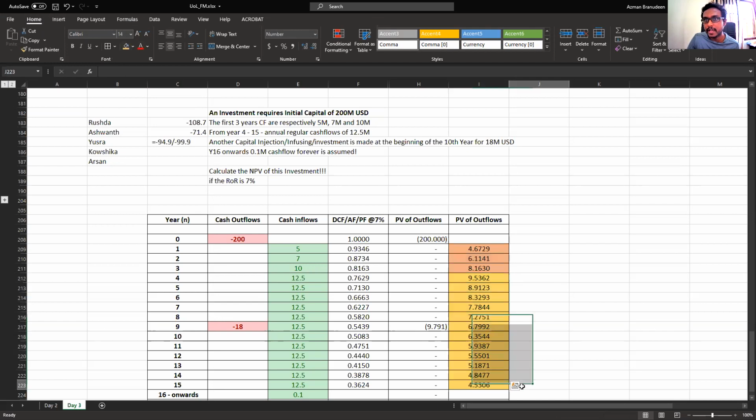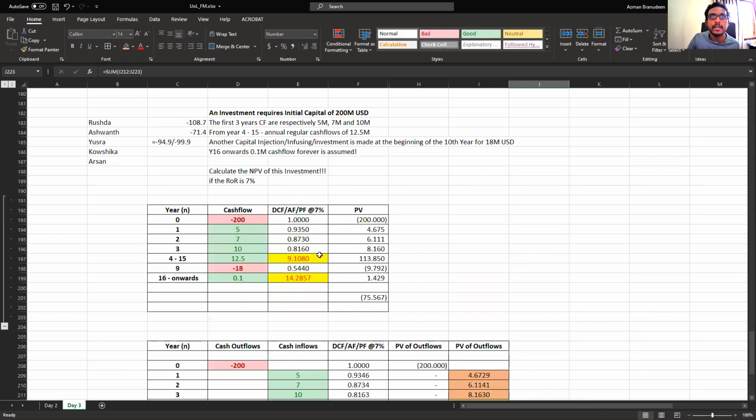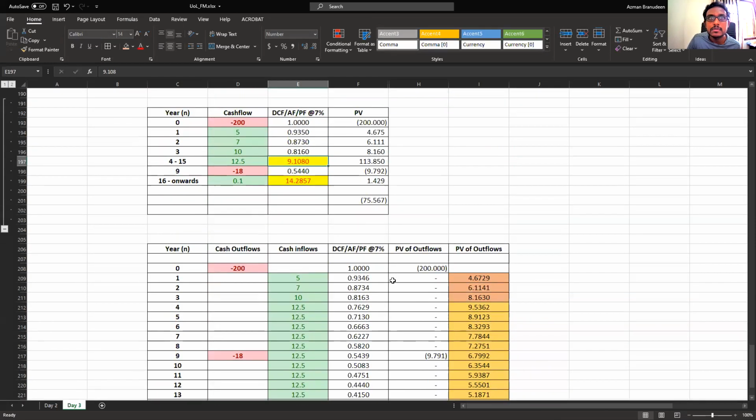Now, if I add these two, just the annuity, right? Just the year 4 to year 15 cash flows, I'm getting 81 million. Now, if I look at what I got here, 12.5 into 9.108, 113 million.